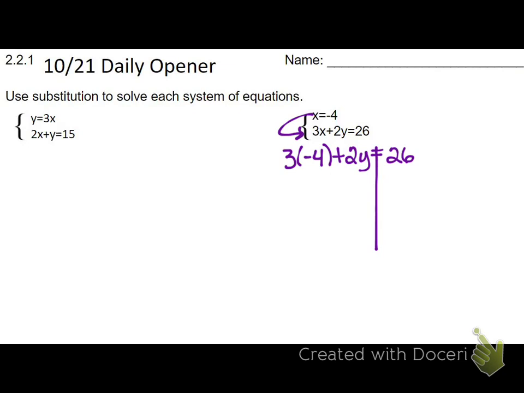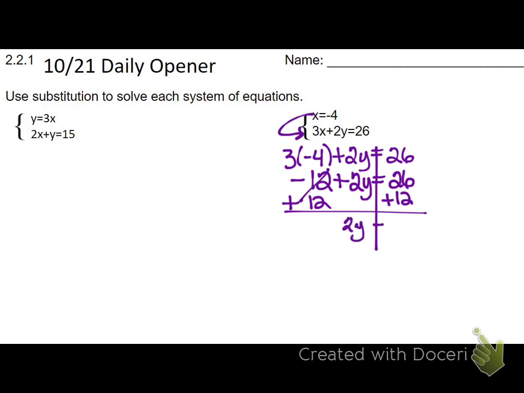Y. Okay, so we're going to simplify. What do I do first? Which equals? Then I bring down my plus 2y equals 26. Then what? Plus 12. So then I have 2y equals what?